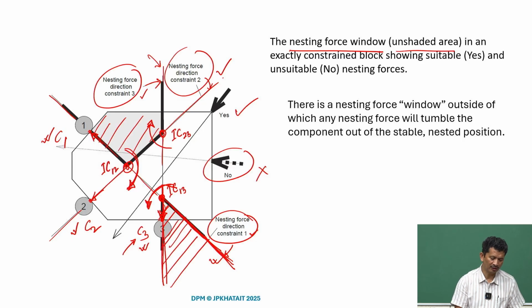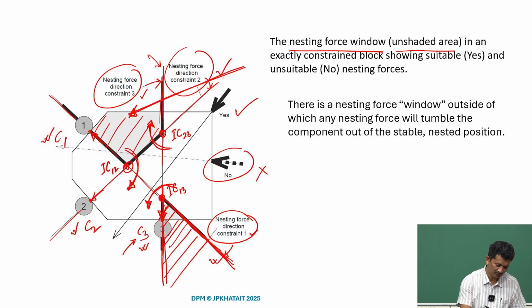this area. Similarly, if we start from IC23 and go along these lines, suppose a force comes and passes through this line like this. Because of this line, what is happening is contradicting the IC23 requirement, because it is creating a moment which is opposite to what is required.